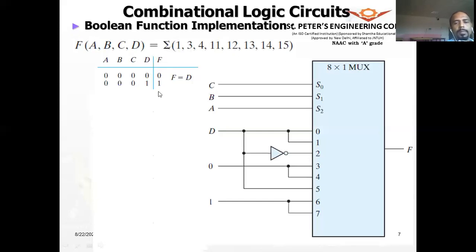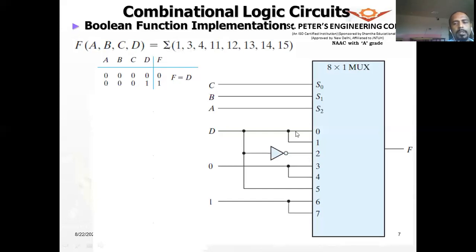All right. Okay. Now, as we have seen here, the I0 input will be given D, which takes care of the first minterm M1.